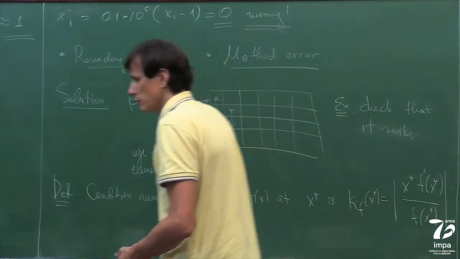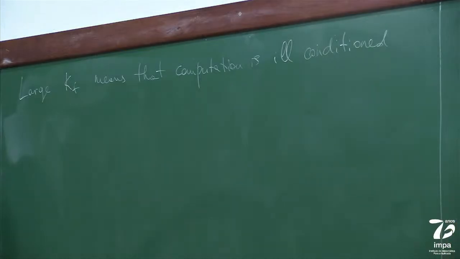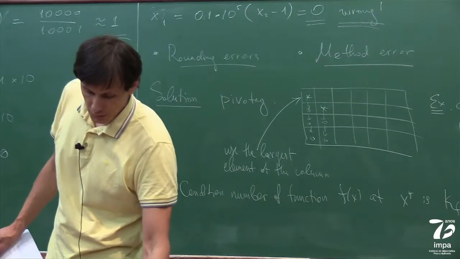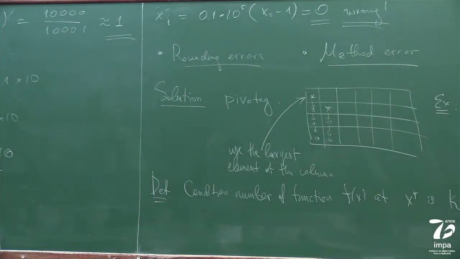For example, in linear algebra, computing the Jordan normal form is very ill-conditioned. It means that if the problem is ill-conditioned, you can solve it, but it signals something very bad: if you make a small mistake in the data, it will be a very, very large mistake in the result. So you should be ready for this.